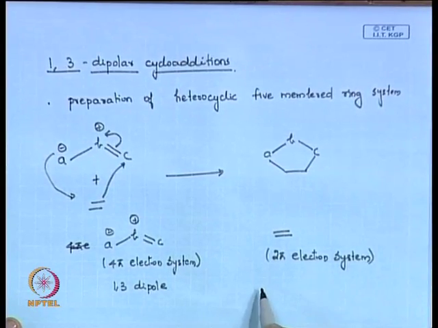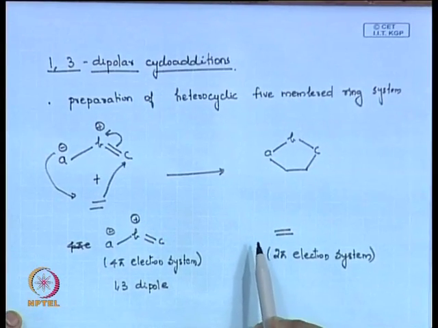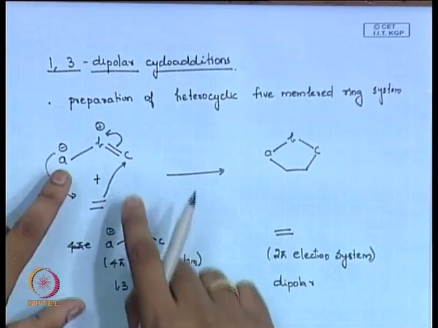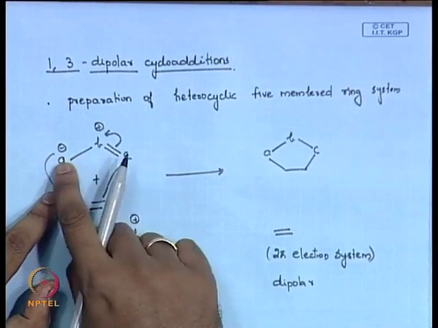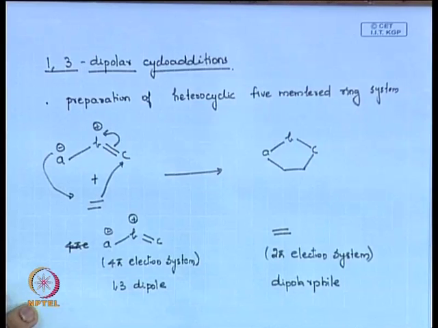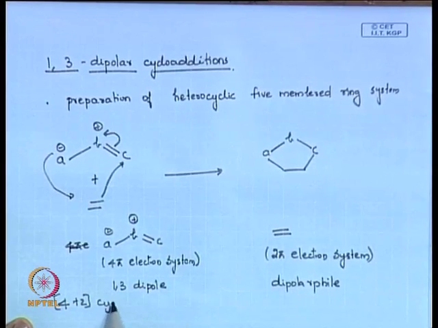What do you call it? Because normally we call it a dienophile. In Diels-Alder reaction we call it a dienophile, but here, because this is a dipole, you call it a dipolarophile. So this is your 1,3 dipole, this is your dipolarophile. And again, if you see, it is a 4+2 cycloaddition system.